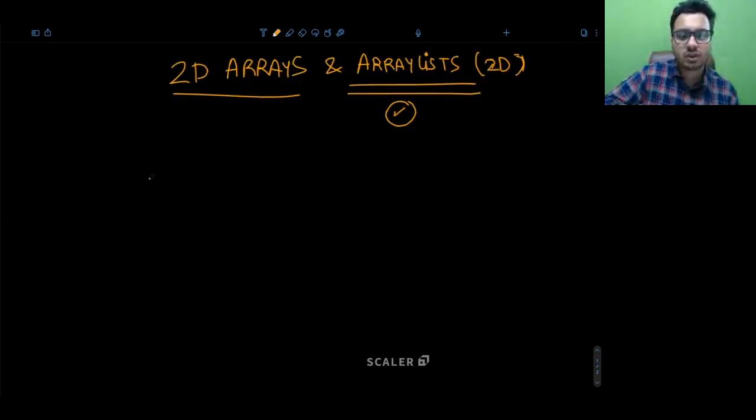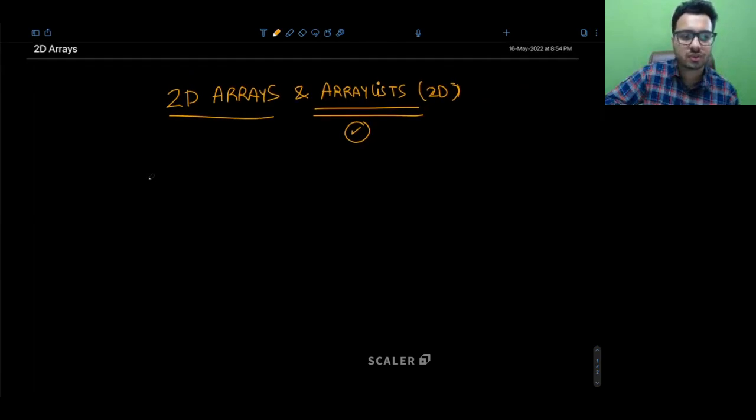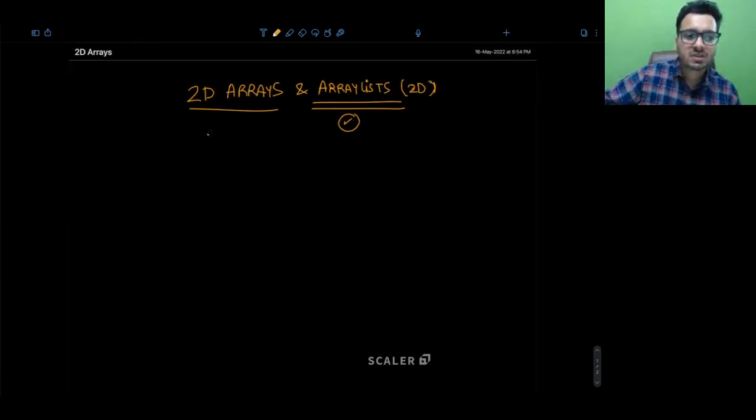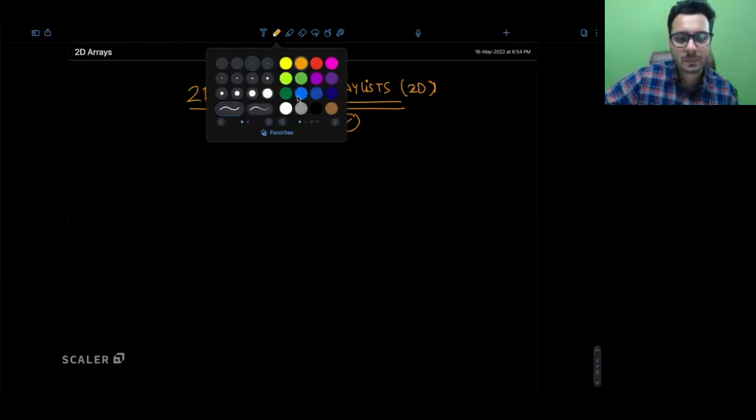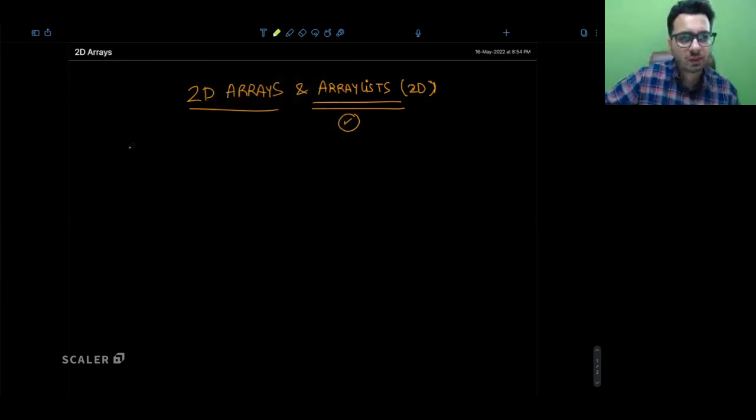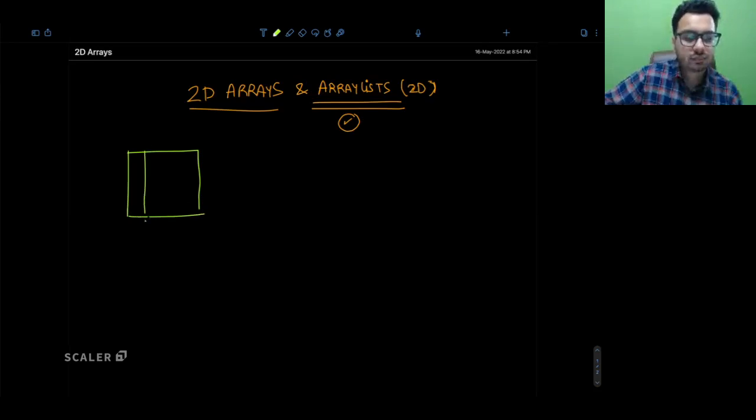Who remembers what a 2D array was? Where it was used? It's kind of a grid or a matrix. Great. So this is how a 2D array would look.